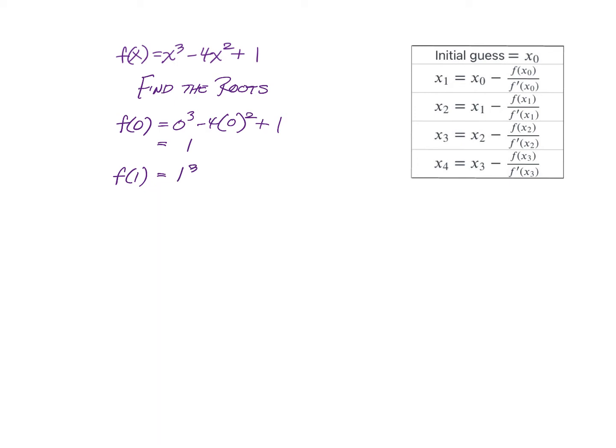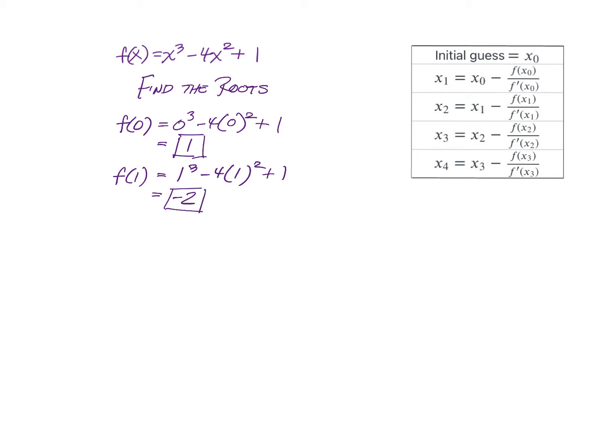I get 1 cubed minus 4 times 1 squared plus 1. 1 cubed is just 1, and then minus 4 is minus 3, plus 1 is minus 2. So notice that I am positive here at 0, and then I'm negative here at 1.